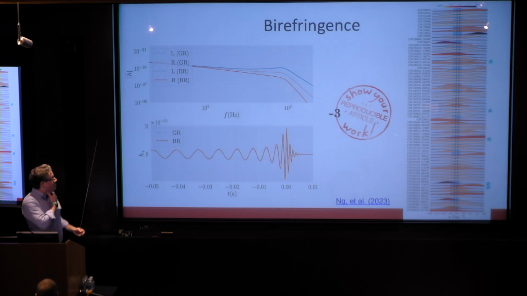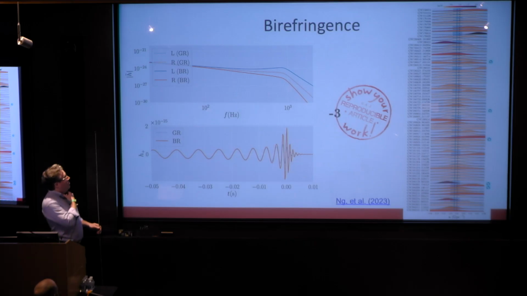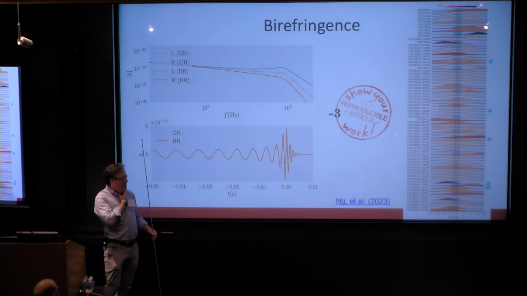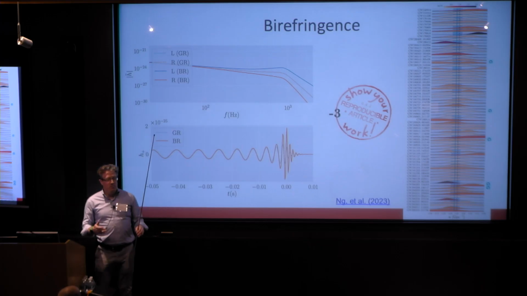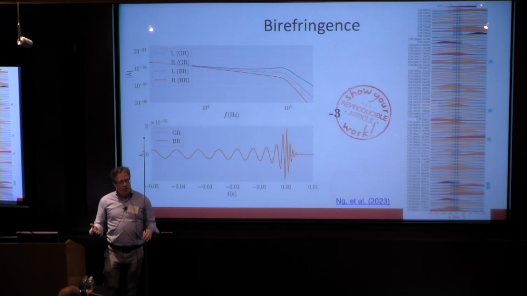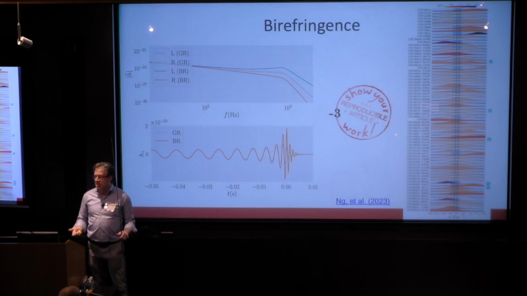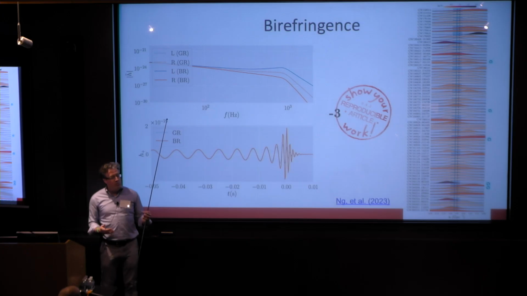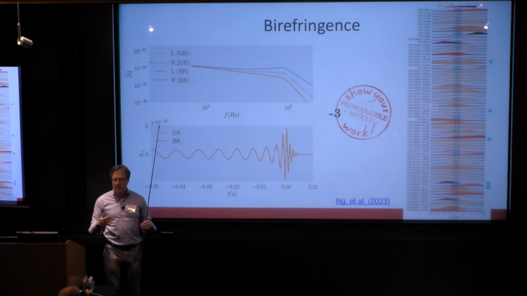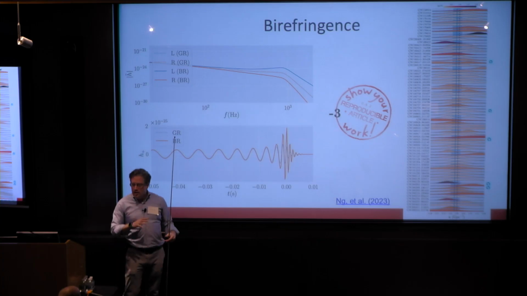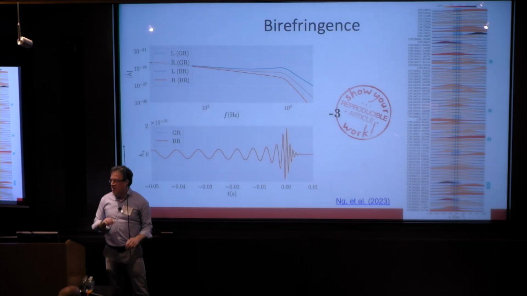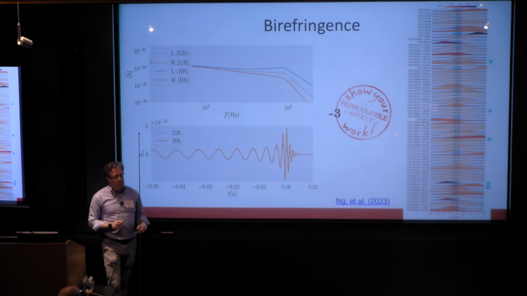So something we did in this group was to ask, suppose that GR was not the right theory of cosmology. Instead, there was something like dynamical Chern-Simons gravity, for example, or any other theory, really, which has some kind of parity violating or parity odd particle in it that interacts with gravitational waves.